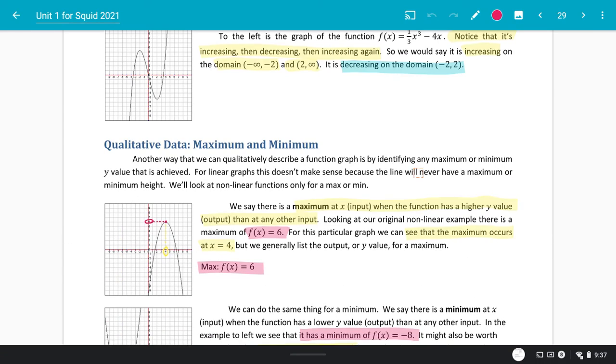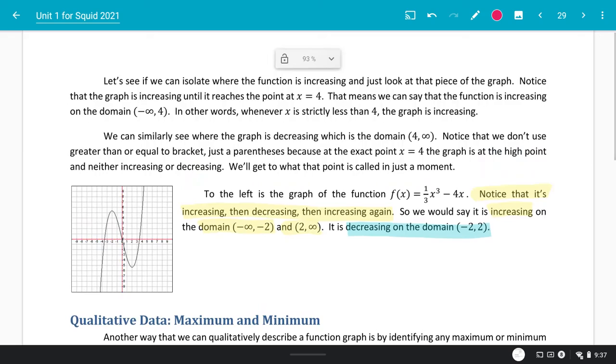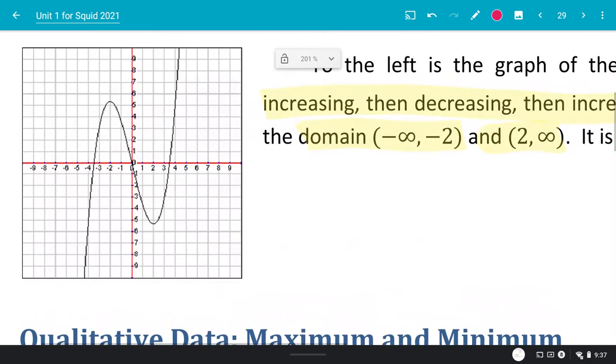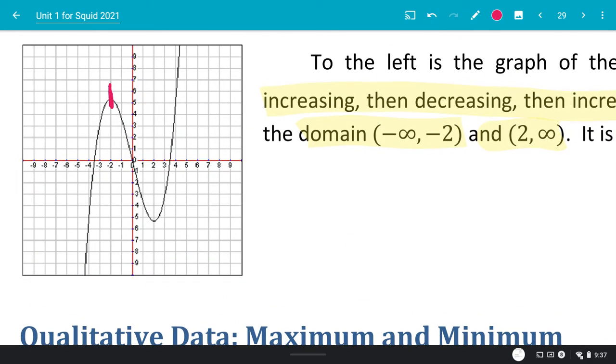Now, when they're increasing and decreasing, let's look at this particular graph right here. From here to there, it's increasing, right? But it's also increasing from here to there. Does that make sense? Remember how we look at the domain? So this one is said to be increasing from negative infinity to negative 2.